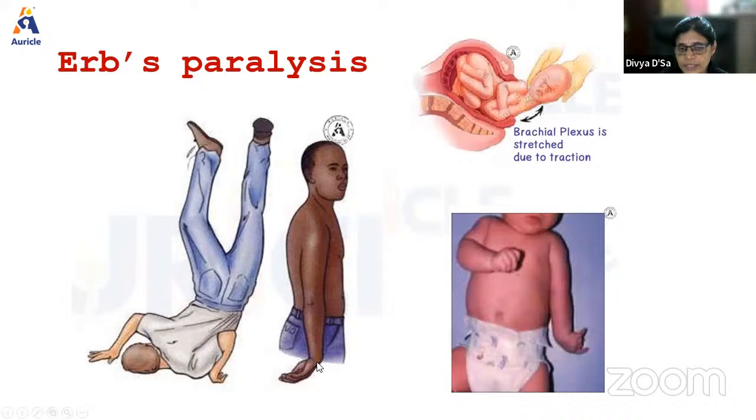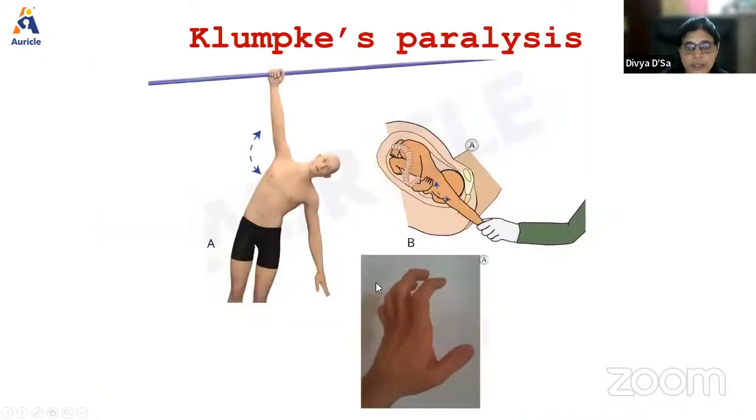This typical deformity we call the policeman's tip deformity, like asking for a tip slowly. This is what we see in Erb's paralysis.